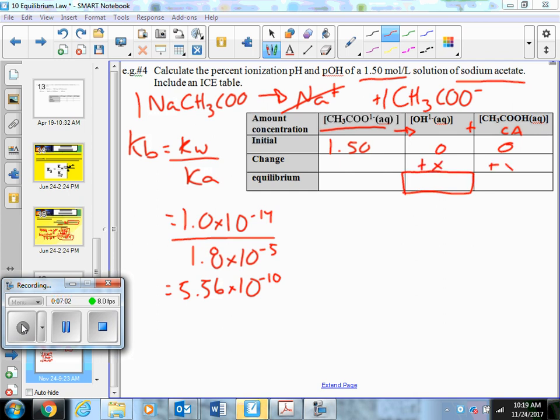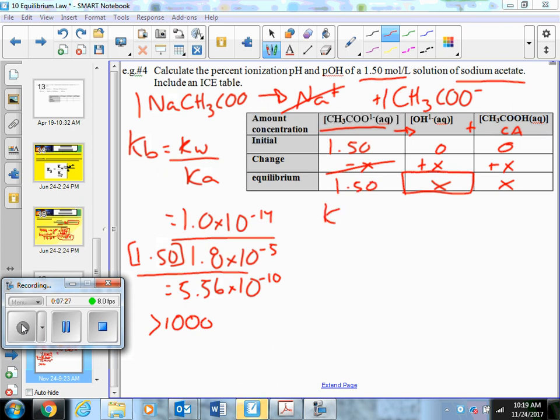I don't know what those are going to increase by, so we can call it X, and here will be minus X. If we take the concentration of the base, 1.50, divided by Kb, we get a number that's much greater than 1,000. So we can ignore this change here.